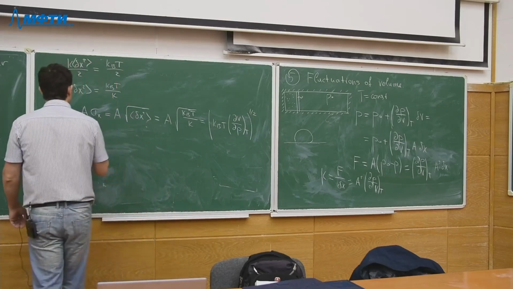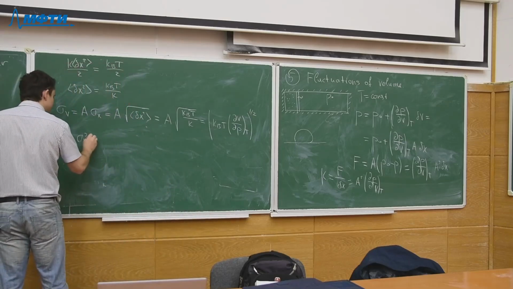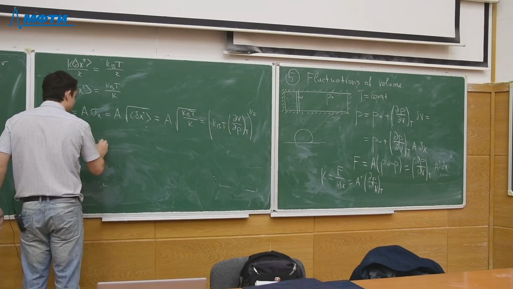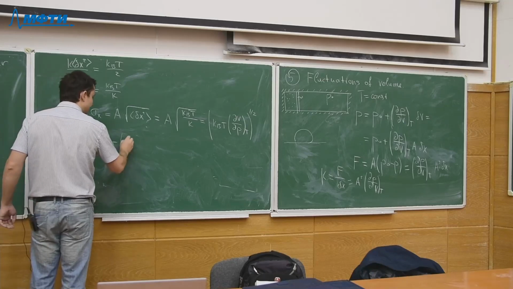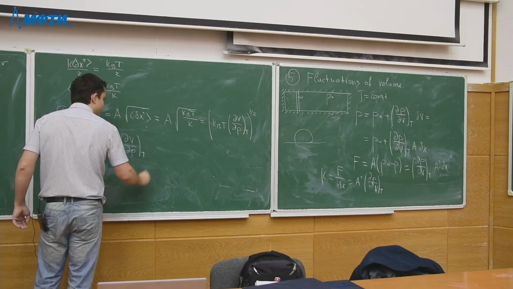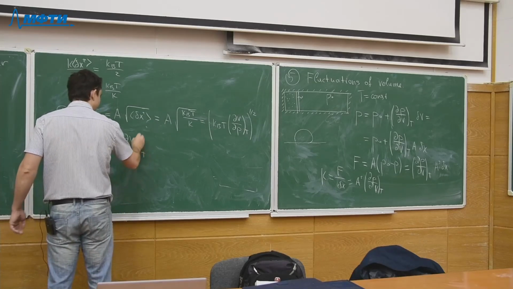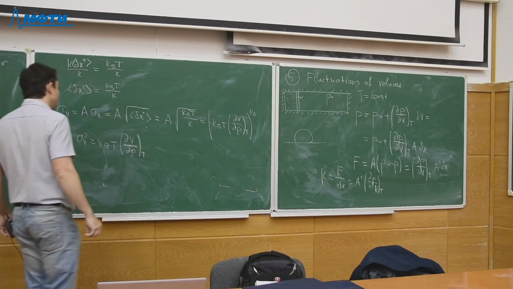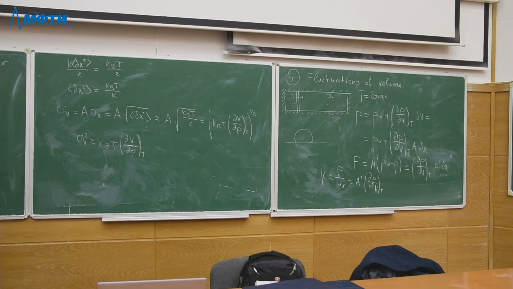So I can write that actually sigma V squared is equal to kBT times dV over dP at the constant temperature. Okay, so those are the fluctuations of volume of the ideal gas.